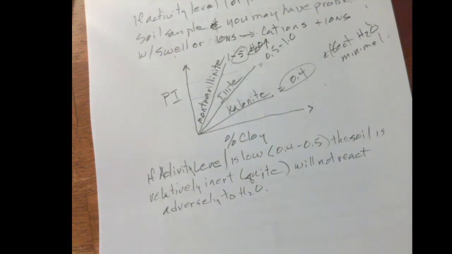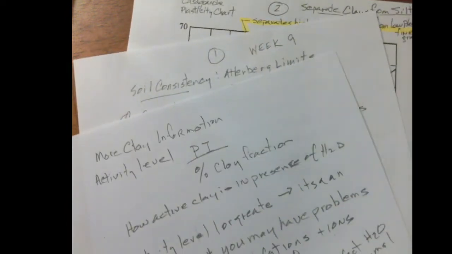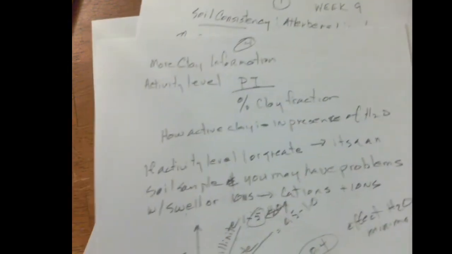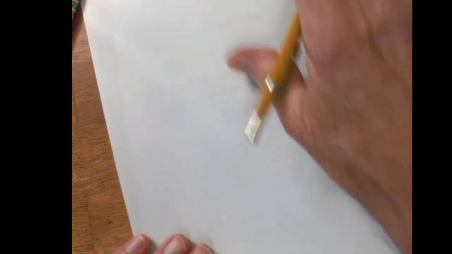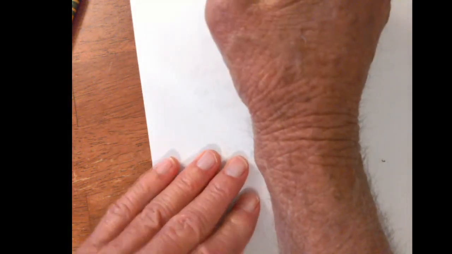A couple of things left. This is like 1, 2, 3. This is like 4 that we've gone through, and I need one more sheet of paper to finish this off.